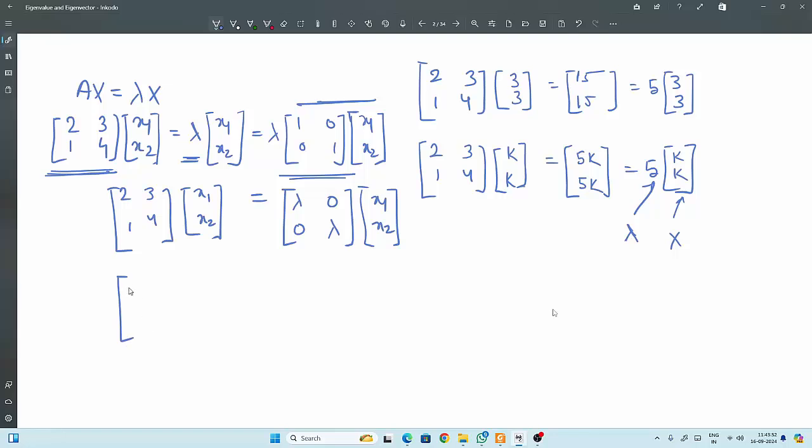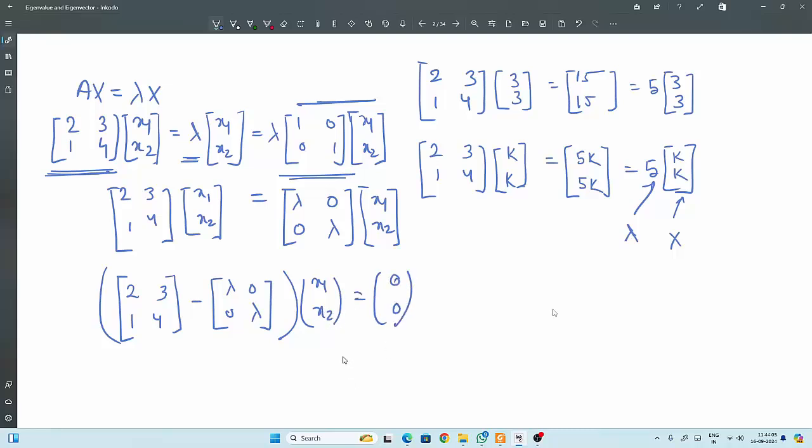After the subtraction we will get 2, 3, 1, 4 minus lambda 0, 0 lambda, and outside it will be x1, x2, and on the right side you will get only a 0 vector, because I have taken everything to the left hand side. So now you will get 2 minus lambda, 3, 1, 4 minus lambda, and here x1, x2, and this is equal to 0, 0.